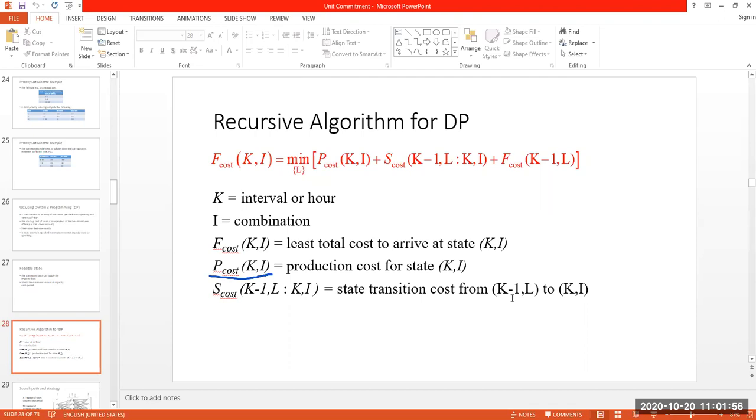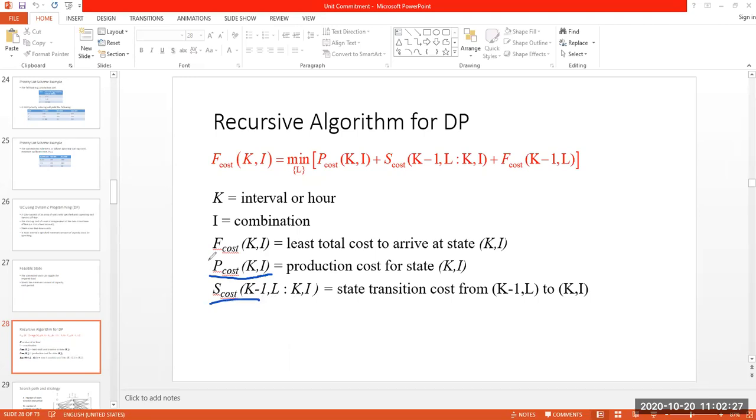From the Lth combination, if I am looking for some different combination I for the next hour, where k minus 1 is the previous instant and k is the current or next instant, then for this changeover, what is the associated cost? That gives me the S cost, the state transition cost.